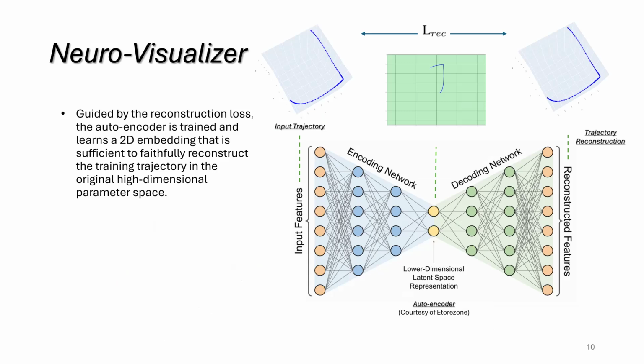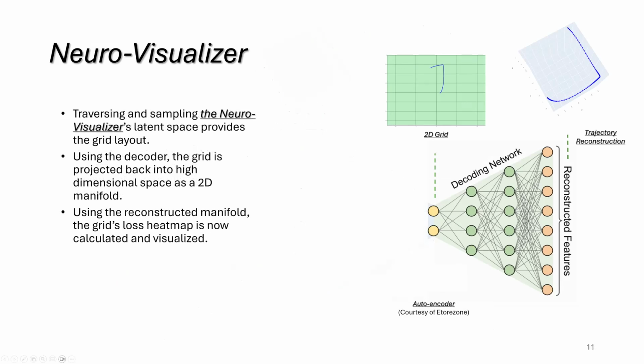Putting it succinctly, an autoencoder is used to learn a 2D embedding that is sufficient to reconstruct the trajectory in high dimensional space, which is the original space. Once the training is done, the 2D embedding can be traversed and sampled as a grid to be visualized.